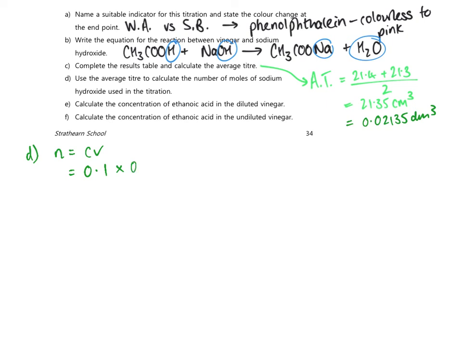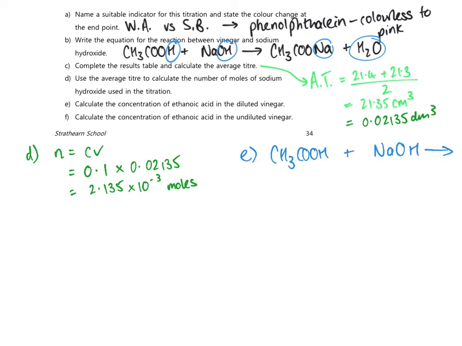So put that into your calculation, and that gets you a number of moles of 2.135 times 10 to the minus 3 moles, or 0.002135.